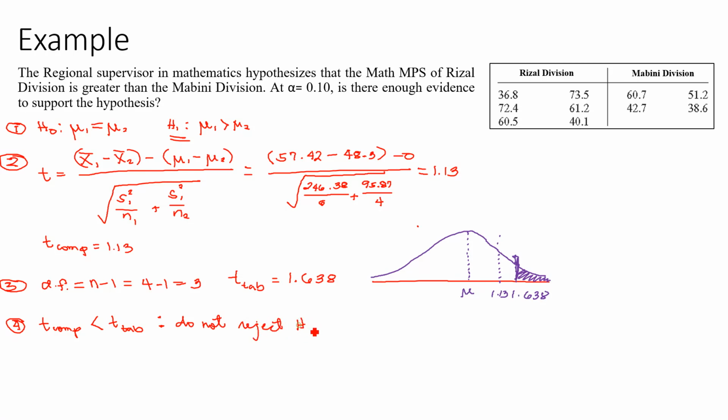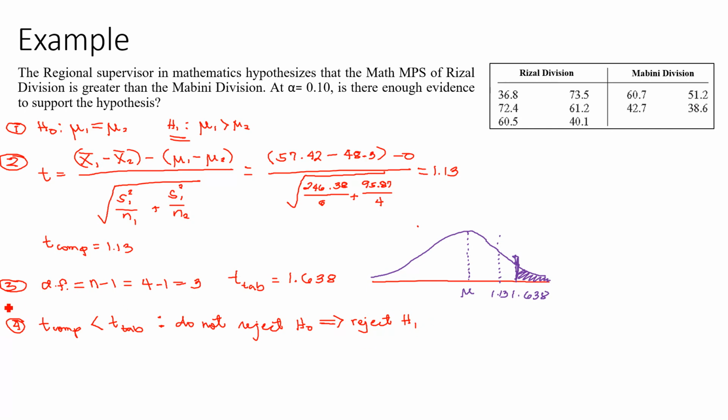Since we do not reject the null hypothesis, it implies that we are going to reject the alternative hypothesis. Take note that the alternative hypothesis is the claim of the regional supervisor.